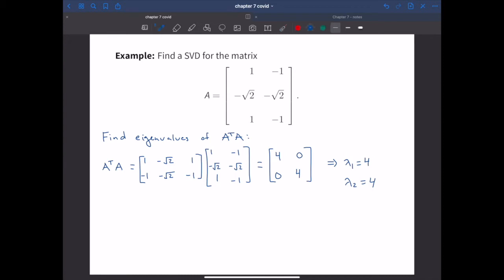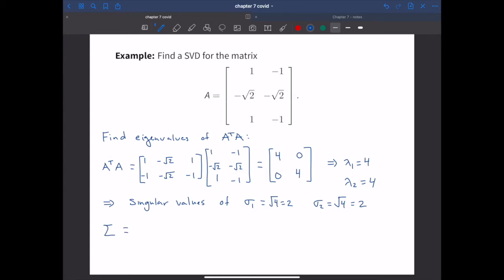So this tells us then that our singular values of A are: sigma 1 is rad 4, which is 2, and sigma 2 is rad 4, which is 2. Okay, so that allows us to build our sigma matrix.